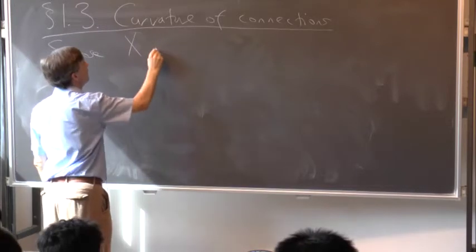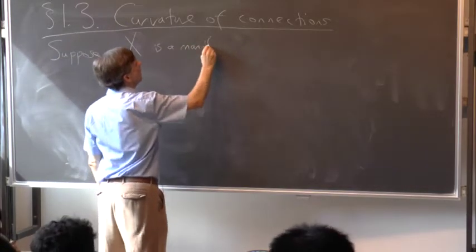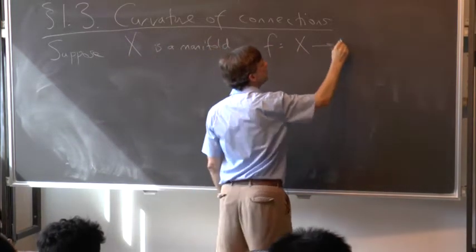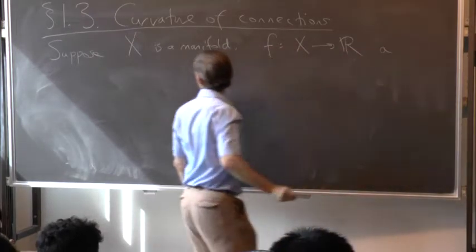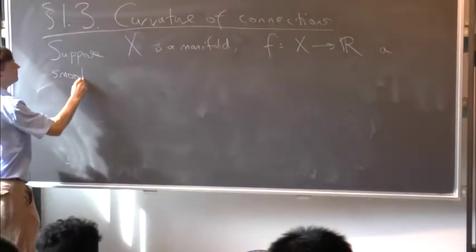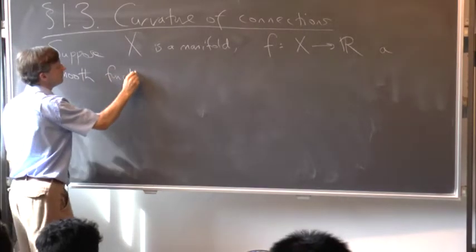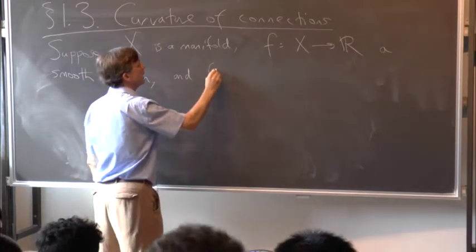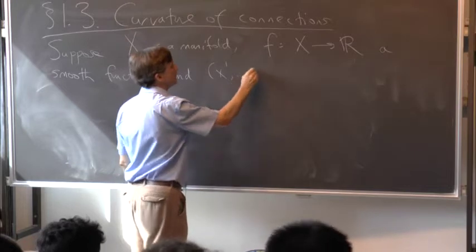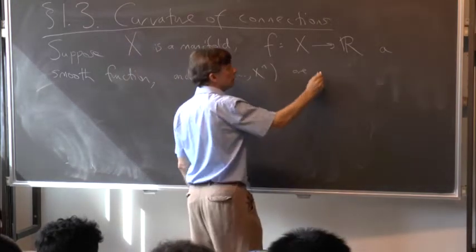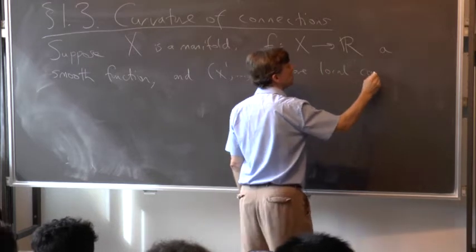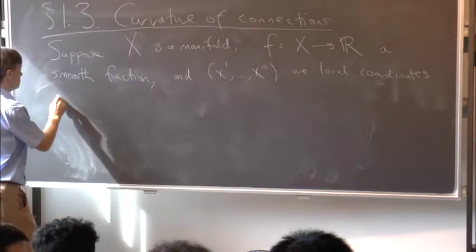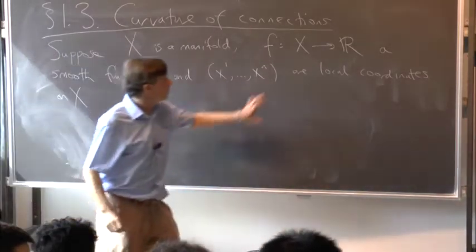So let's suppose X is a manifold and f going from X into the reals is a smooth function. And let's also suppose that x^1 up to x^n are local smooth coordinates on some open set in X, though mostly our "local" really means on some open set.